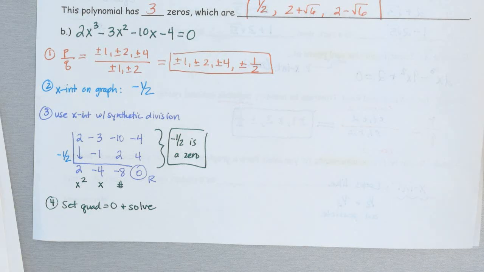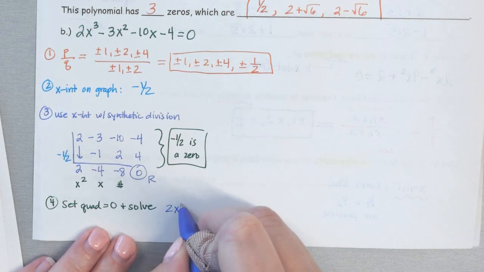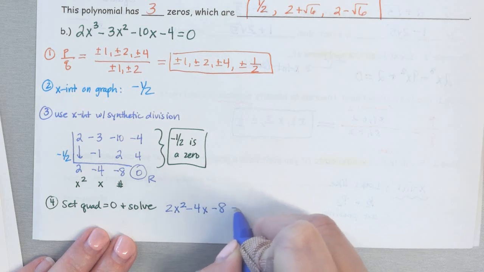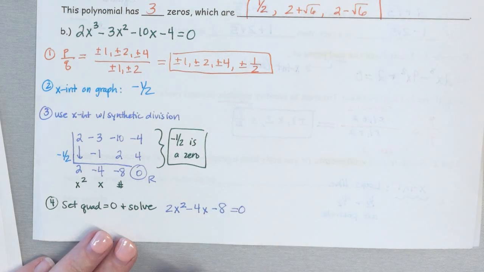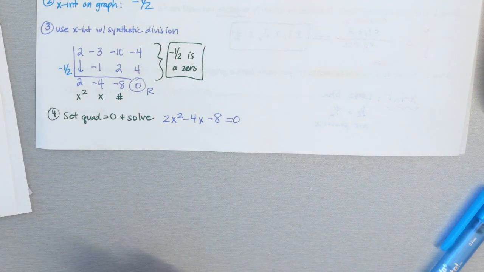Another little hint I can give you, that we could have done with the last one as well, because the last one we had a lot to simplify, right? So if I were to take 2x squared minus 4x minus 8 equals 0, if I'm going to solve this, what can I do as my first step? I can simplify this. What goes into all of them?